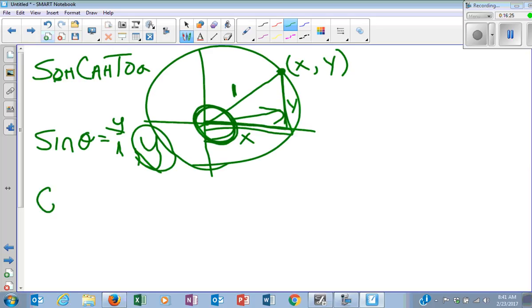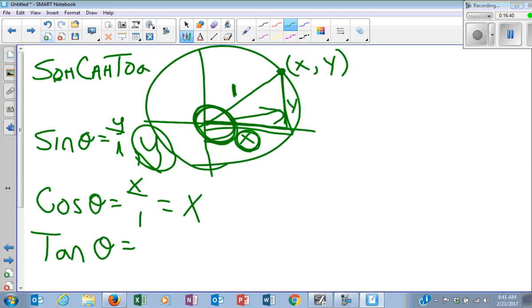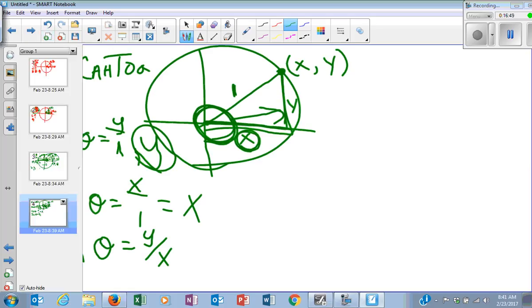What is cosine of theta really equal to? Adjacent, which is x. x over 1, which is just x. And tangent of theta is really opposite, y over x. So let's go back to this one.